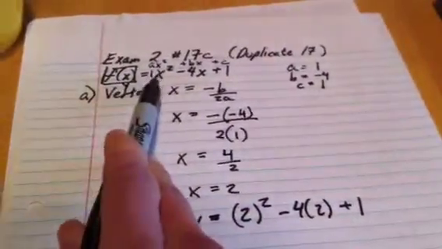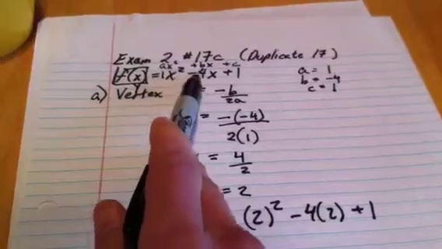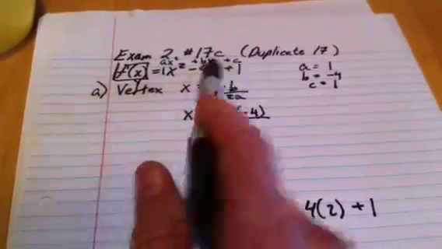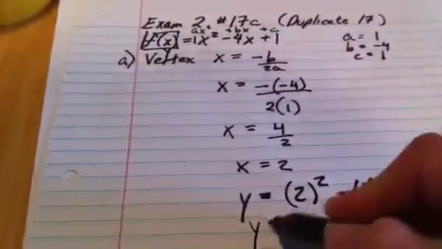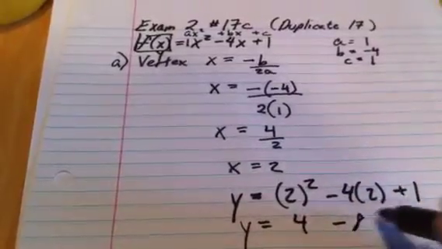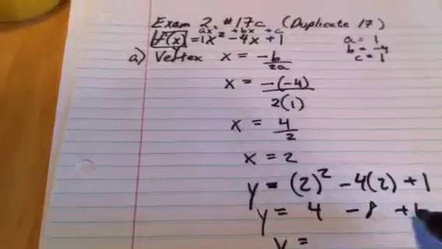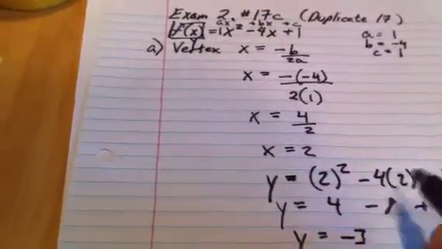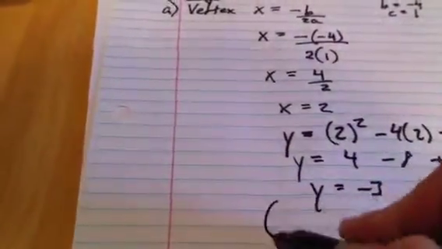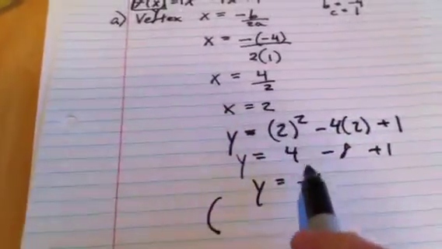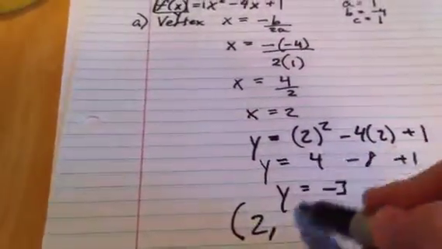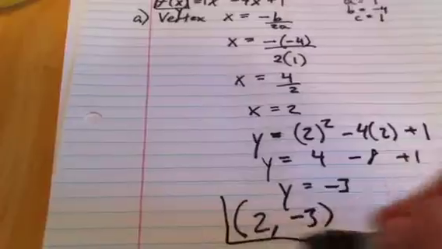So we get y equals 4 minus 8 plus 1, so minus 4 plus 1 is minus 3. So our vertex is at 2, negative 3. X is 2, y is negative 3.